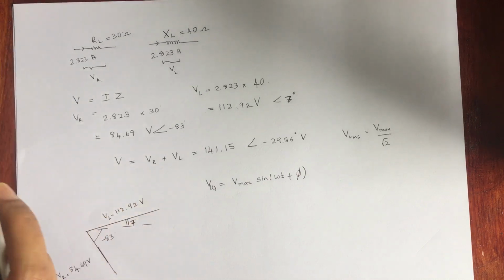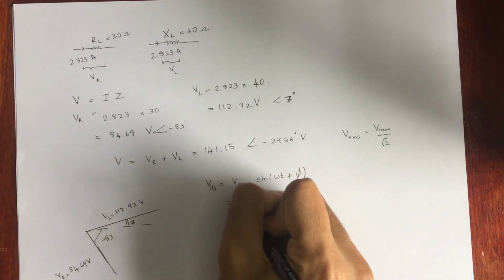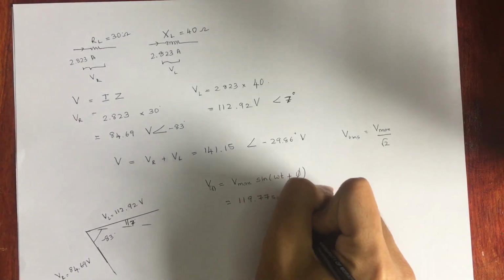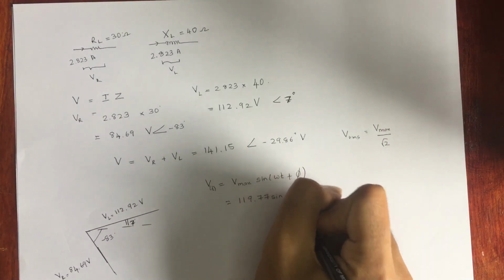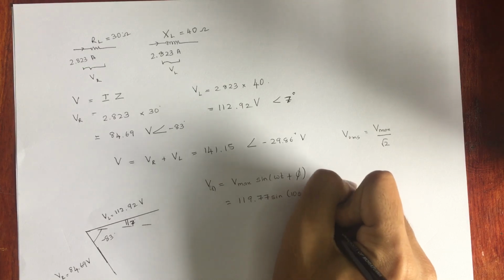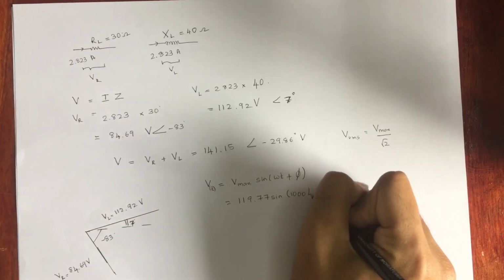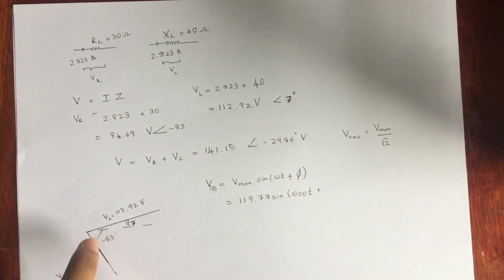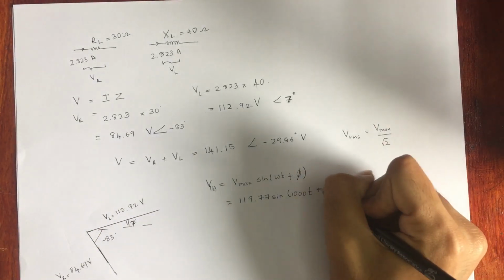If I simplify this, I'm going to get 119.77, and we are going to substitute these values also. Sine omega t, where omega of that voltage is 1000, so 1000 t plus the initial phase angle of the resistor, which is minus 83. Be careful of that. So minus 83.